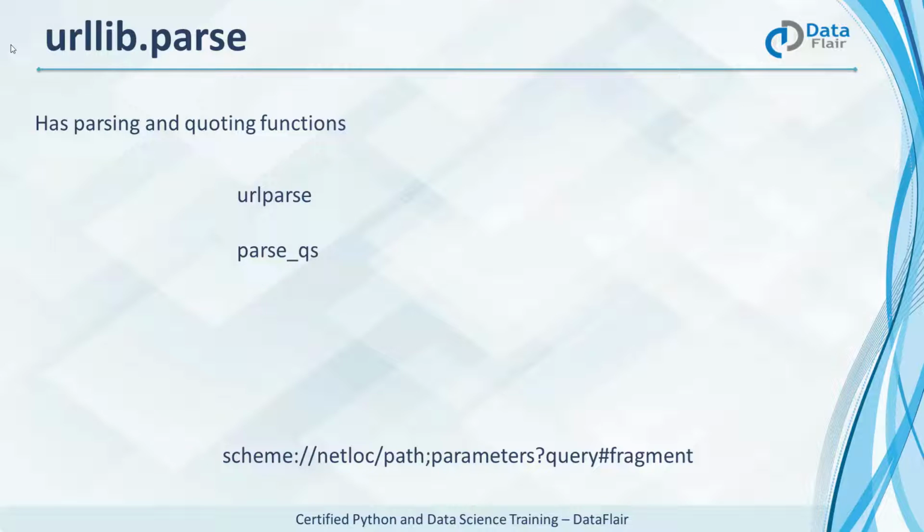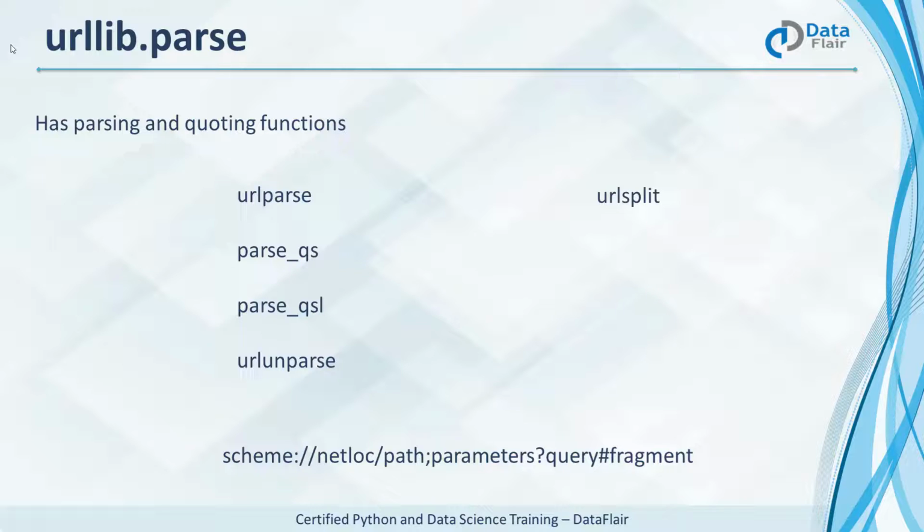ParseQS parses a given query string and returns the data as a dictionary. And ParseQSL parses a query string where the data is returned as a list of name-value pairs. Unparse uses a tuple generated by urlparse and constructs a URL from it.